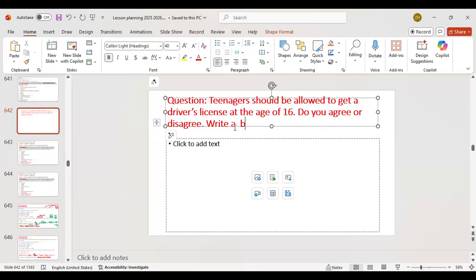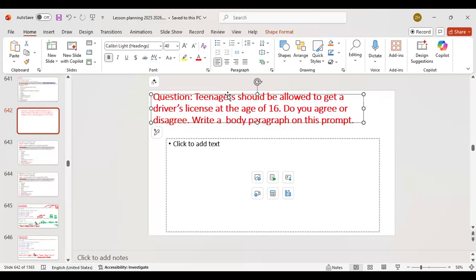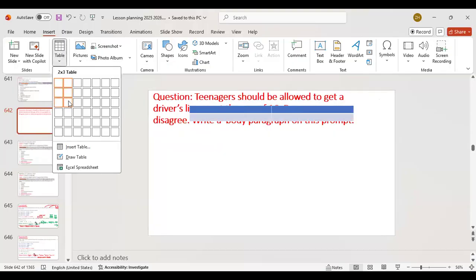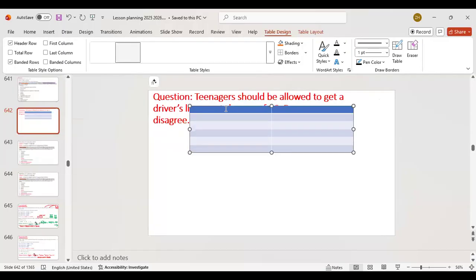Write a body paragraph on this prompt. So what is your position? You think that teenagers should be able to get a driver's license and be on the road? I could drive already. My brother did, so I think I would agree.